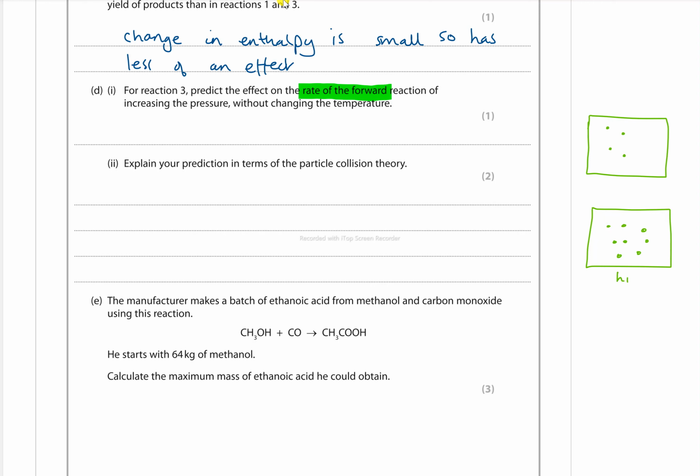Now this has got high pressure because these particles are hitting the wall more frequently, and pressure is force acting on an area. So this will be low pressure. So if you increase the pressure, the rate of reaction will increase.